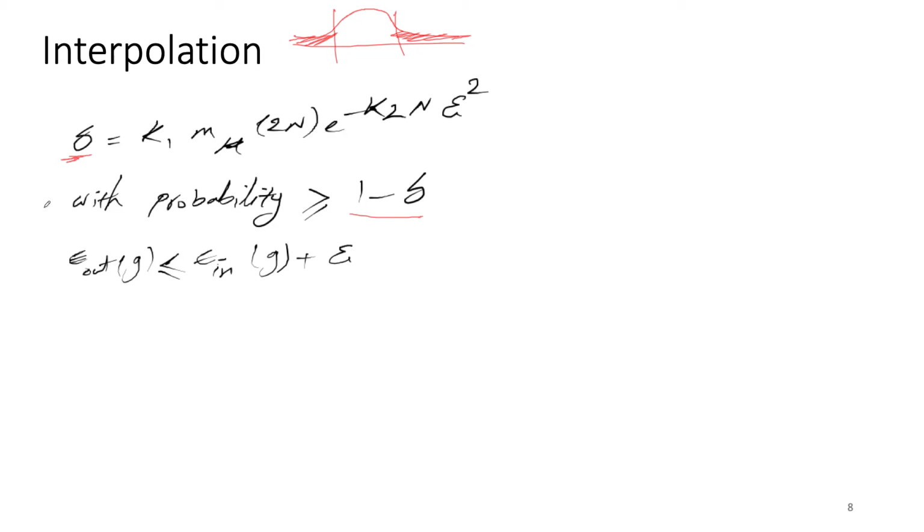So say the confidence level was 95%. So this was 5%. So we say with 95% confidence level, we say that this inequality holds, right? The test error is smaller than or equal to training error plus an epsilon. So they are within each other with epsilon.